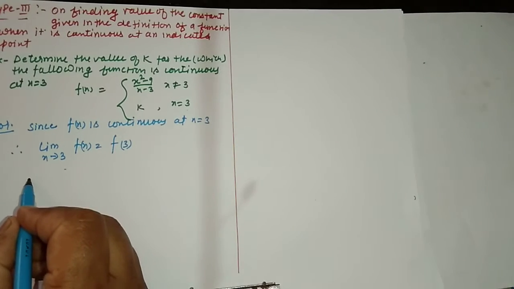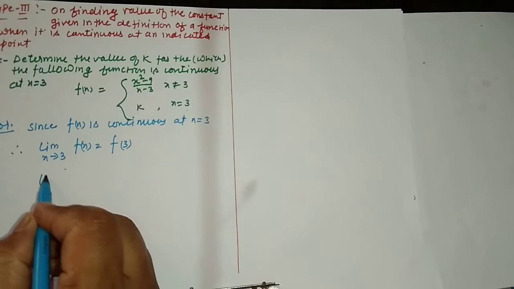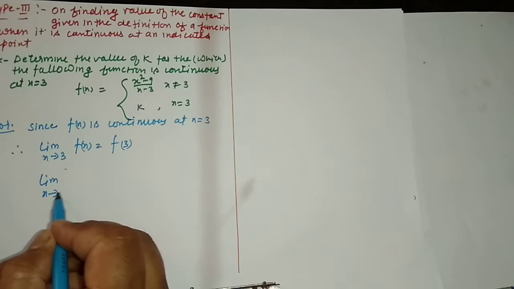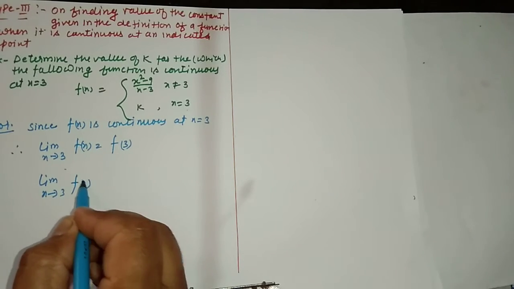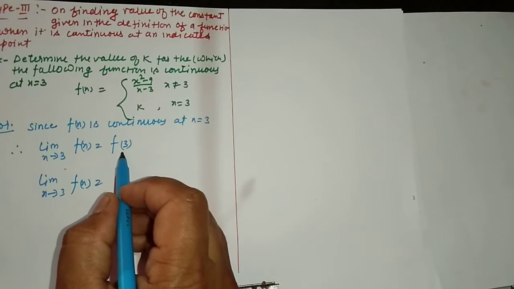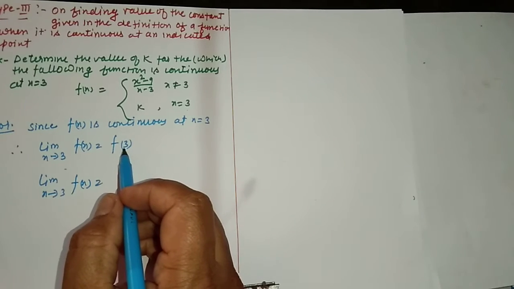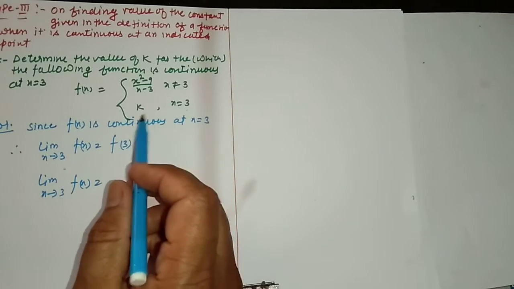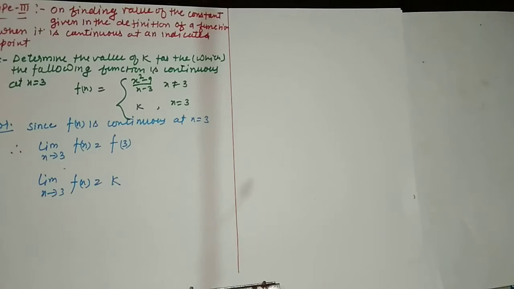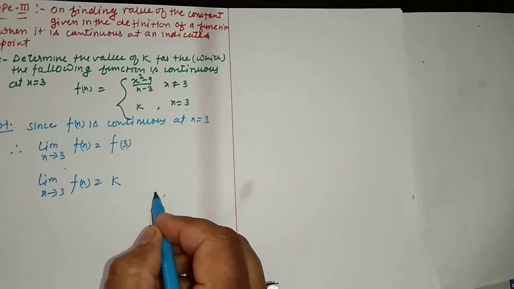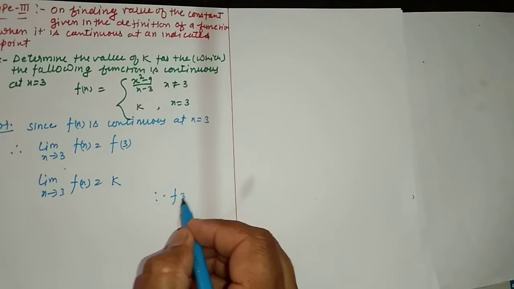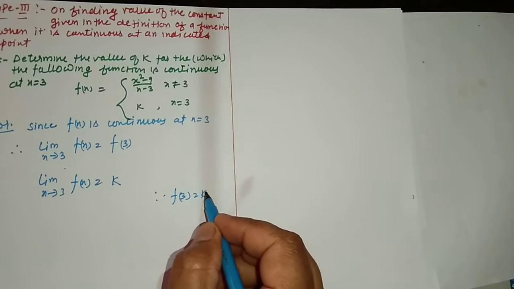So we can write that limit x tends to 3 f(x) is equal to f(3), and at x is equal to 3 what we have is k. Why? Because f(3) is equal to k.